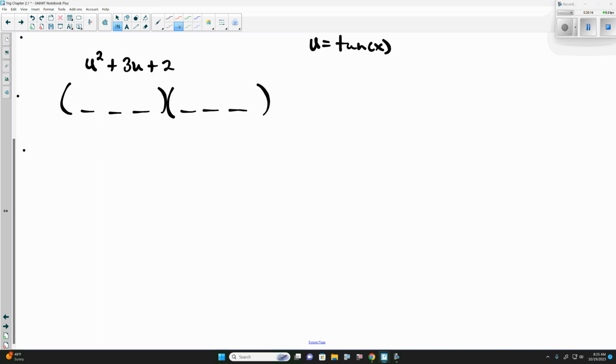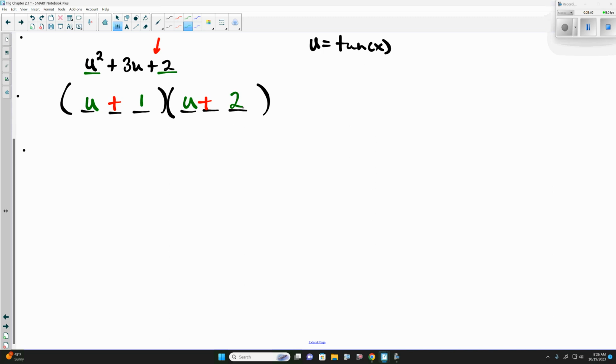Our signs, well, since our third term is positive, the signs are the same and match the sign of the middle term, which is also plus. So we have plus and plus. Incidentally, we still have u squared, and its only factors are u and u. Factors of 2 are 1 and 2.